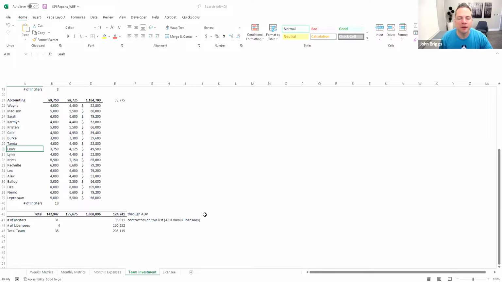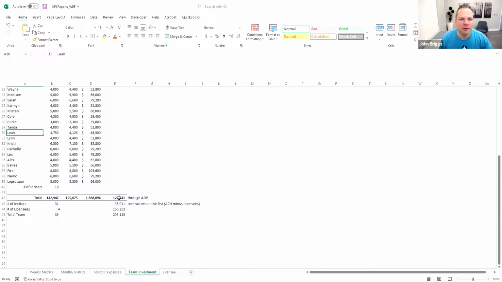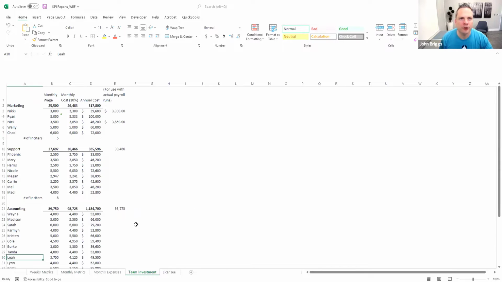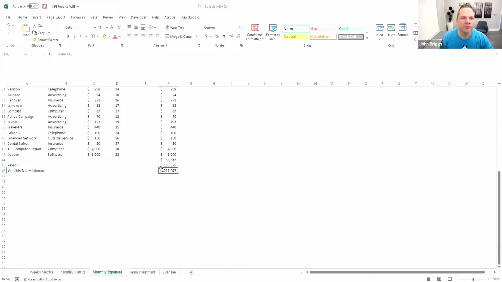And keep in mind, all the names have been changed and the numbers are not true either. This is an example, but you can see here that in this payroll, some people are paid 1099, some people are paid W-2. But again, you go back, this 155 helps with this calculation here on monthly expenses.